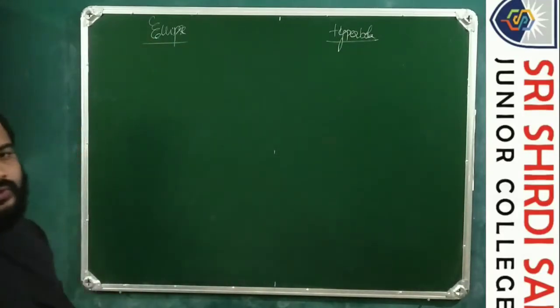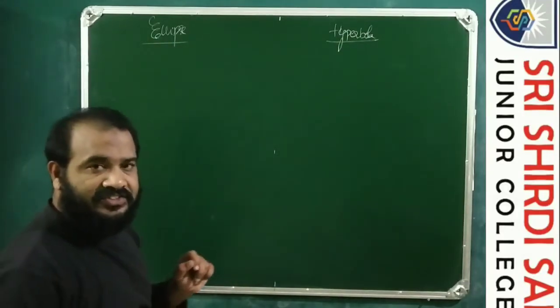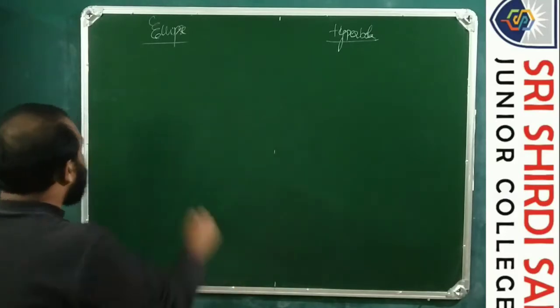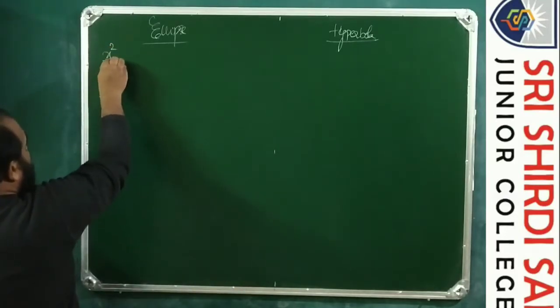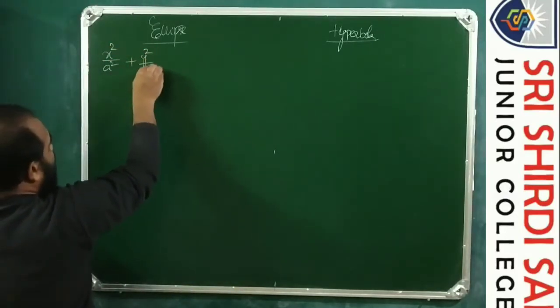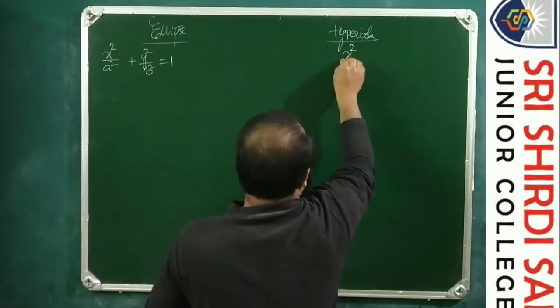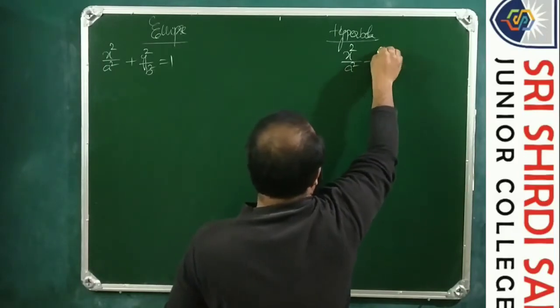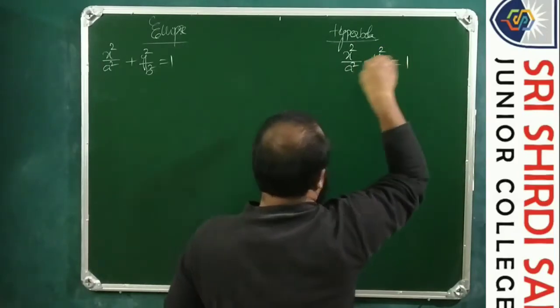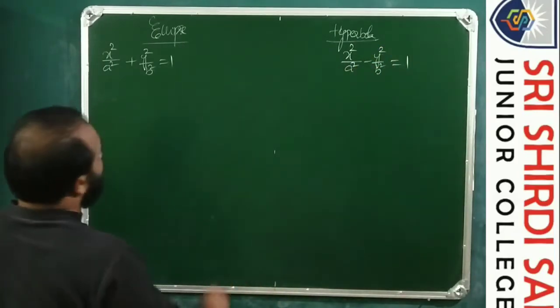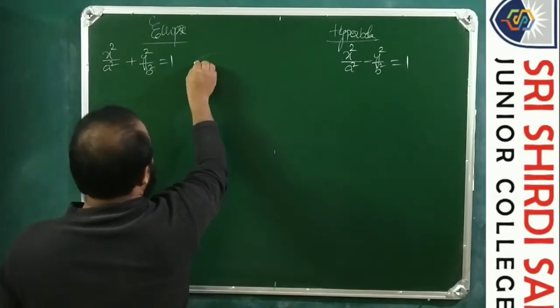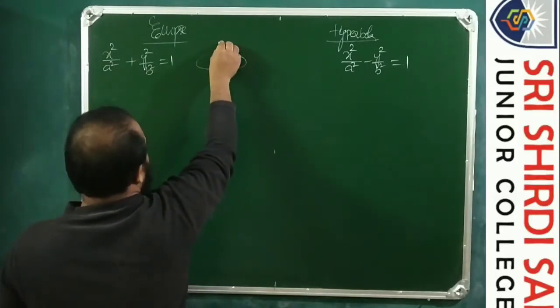So the equation of the ellipse in its standard form is x square by a square plus y square by b square is equal to 1. Here this is x square by a square minus y square by b square is equal to 1. So this is of this form.